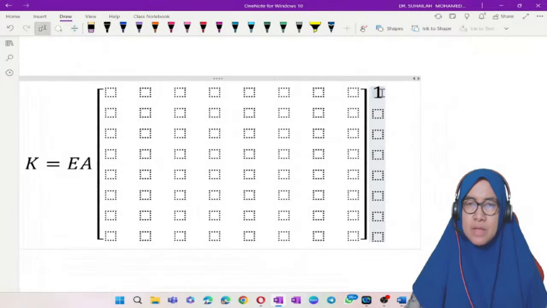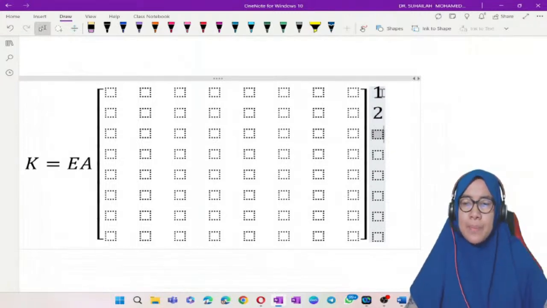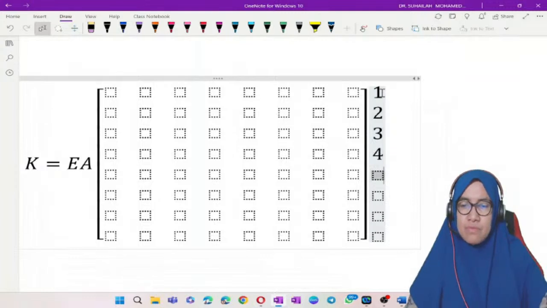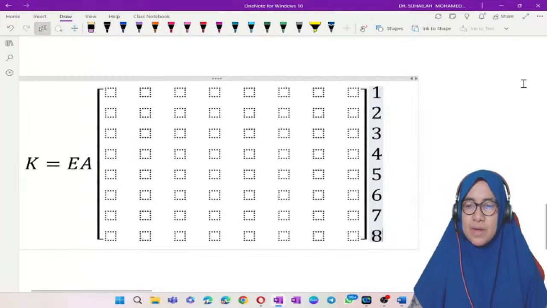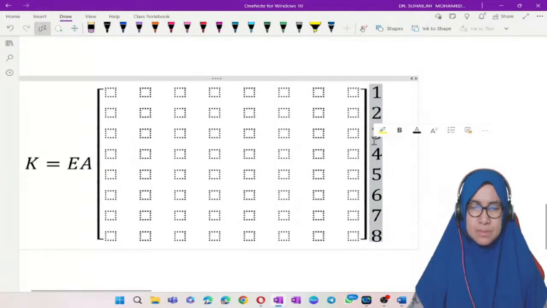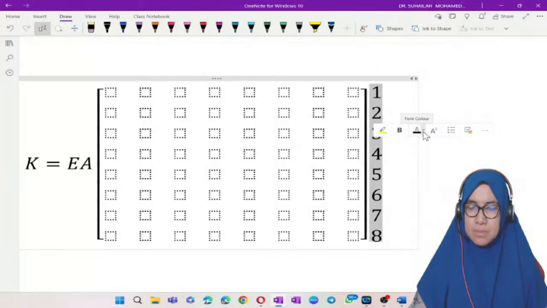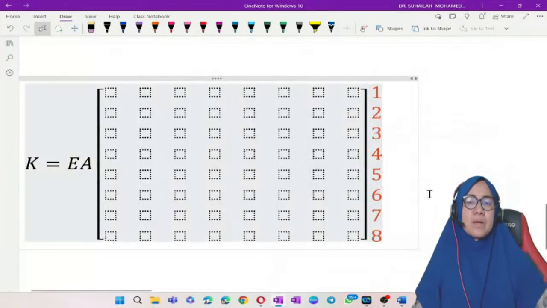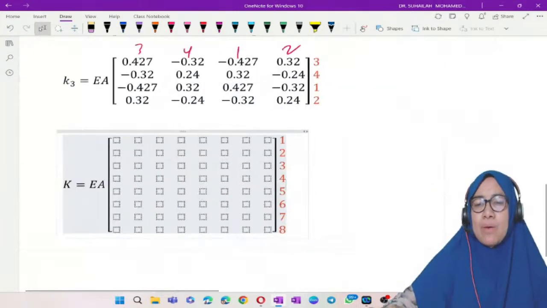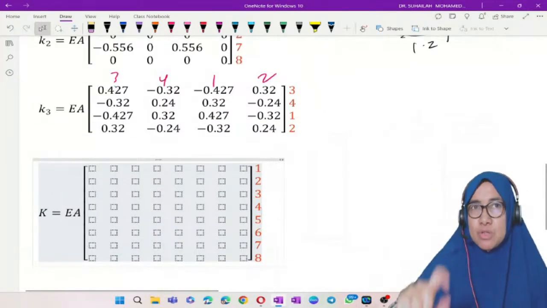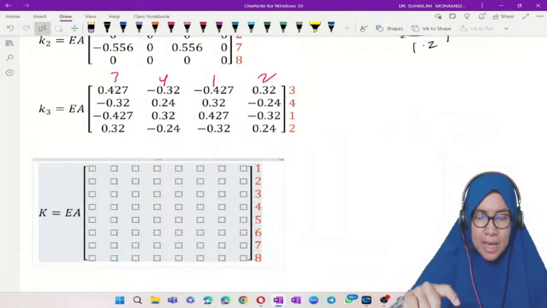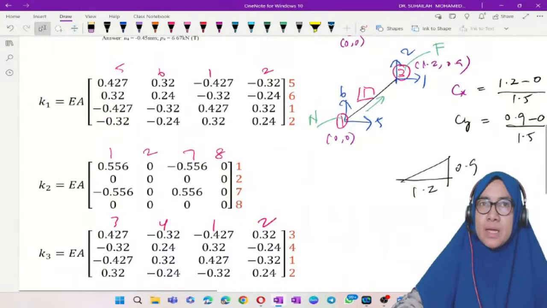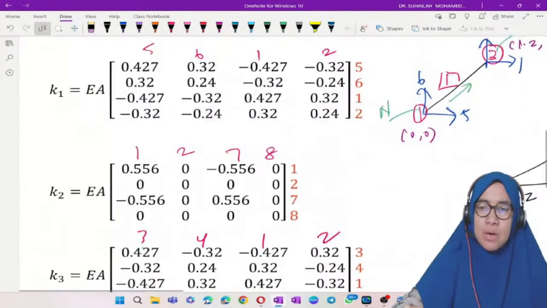For the structure stiffness matrix, we label in order 5, 6, 7, 8. We will calculate one by one, finding the value at each position in K using K1, K2, and K3.